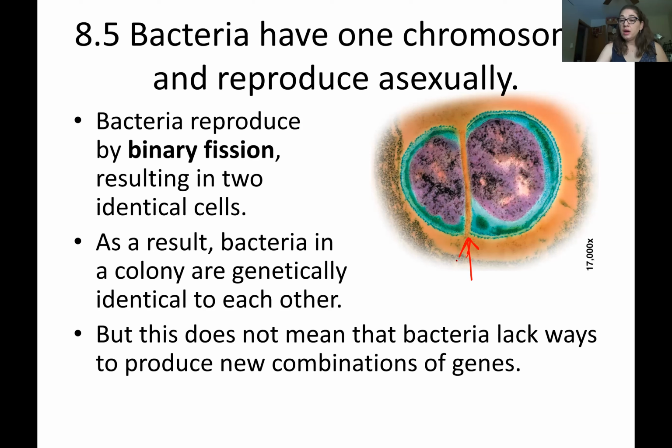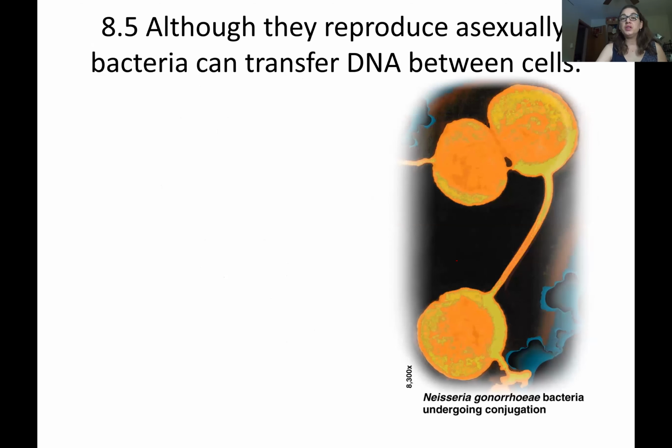But this does not mean that bacteria don't have ways to recombine genes and get variation. We've talked about recombination with human chromosomes; bacteria do recombination as well. So we're going to talk about some ways that bacteria increase their diversity.